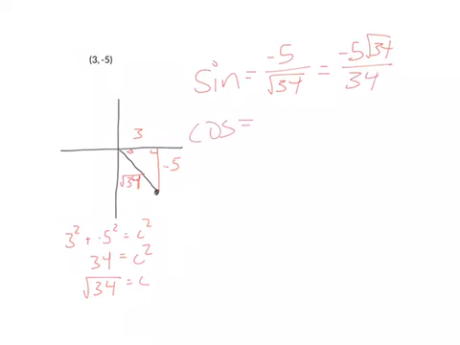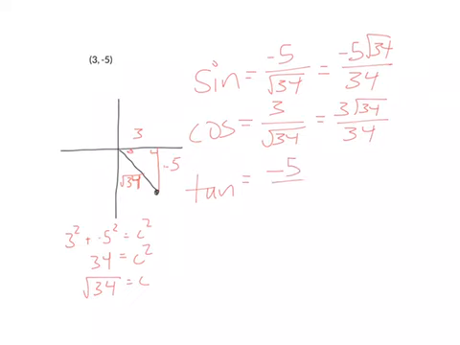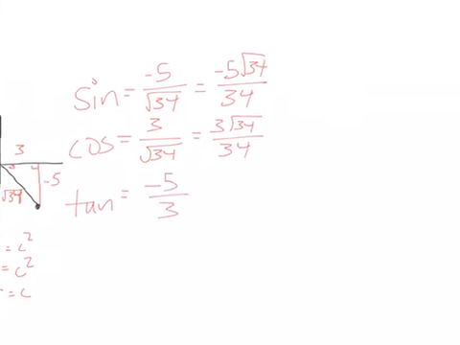Cosine is going to be +3 over root 34. And again, if I rationalize that denominator, it's going to be 3 root 34 over 34, and tangent is going to be opposite over adjacent, so negative 5 over 3, no radicals to worry about there.